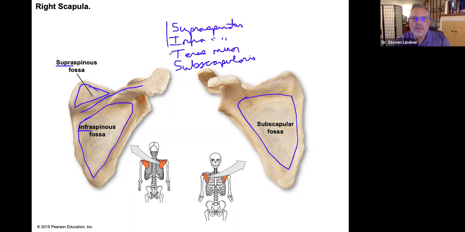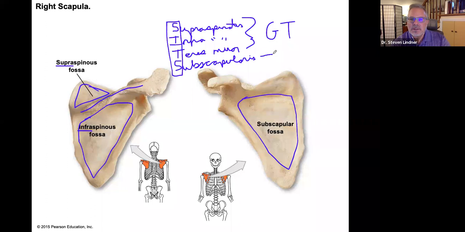So we call it SITS, the SITS muscles. And the supraspinatus, the infraspinatus, and the teres minor, these three are going to insert on the greater tubercle of the humerus, whereas the subscapularis inserts on the lesser tubercle of the humerus.